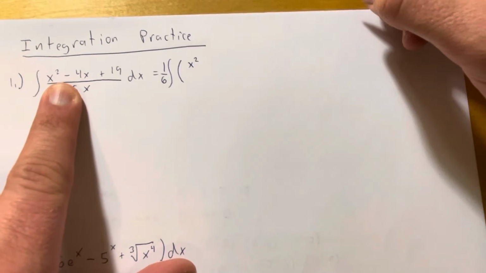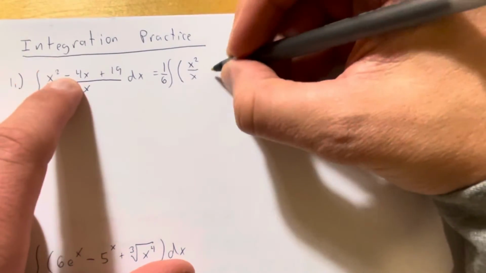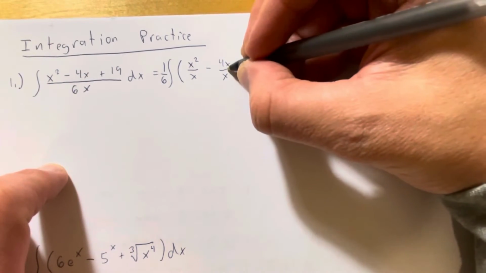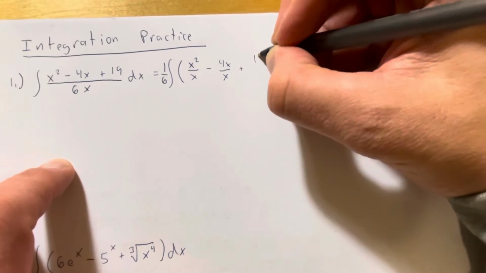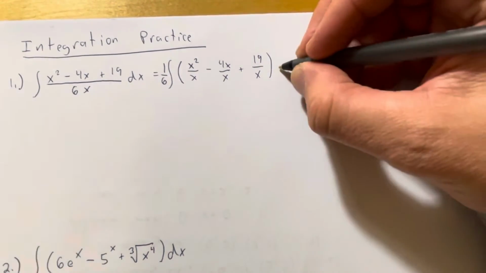Okay, so now we just have that x. I have x squared over x as one of those terms, minus 4x over x as another one of those terms, plus 19 over x as another one of those terms, dx.